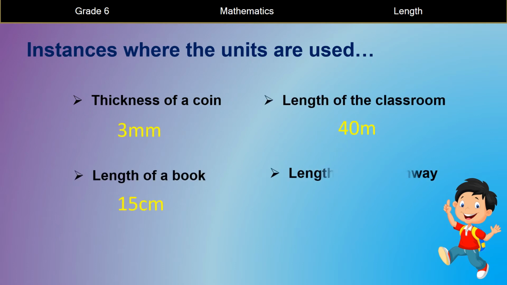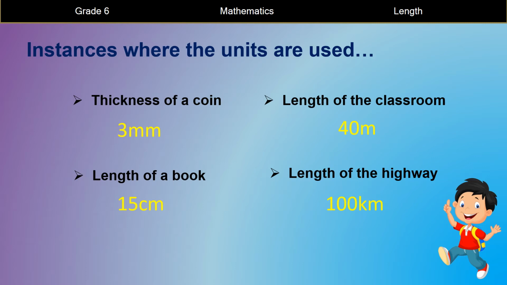Then when we use those different types of units, let's see what are the instances where the units are used. When you measure the thickness of a coin, we use the unit millimeters, because a coin has a very small thickness. It is a very small length, so we use millimeters to measure it, 3 millimeters.